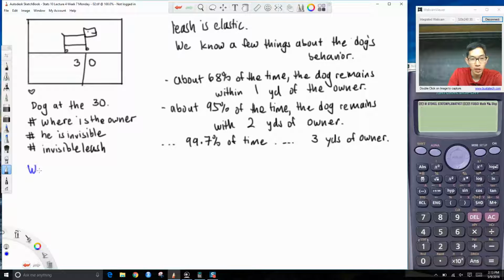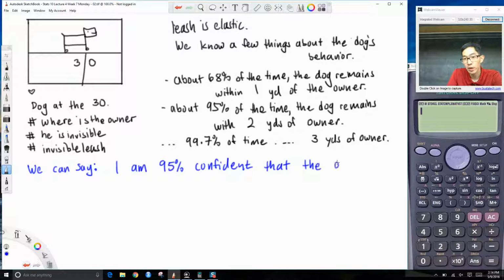So we can say, I am 95% confident that the owner is located between 28 and 32.